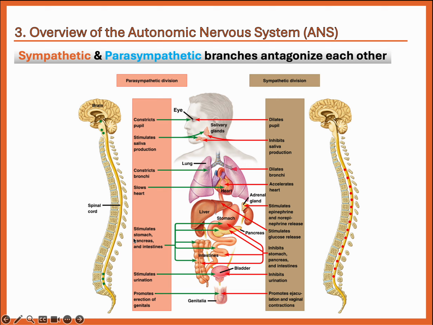Over here you see that it stimulates stomach, pancreas, and intestines in the parasympathetic, right? This is the rest and digest, parasympathetic. When it's time to relax, you want to digest and do this.